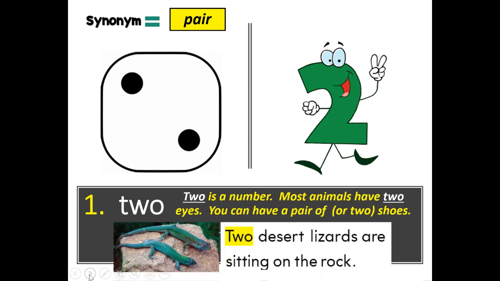Two desert lizards are sitting on the rock. How do I use it? Two bears played in the snow. What things do you have two of in your house? Two. So make sure you wrote the number two, T-W-O.